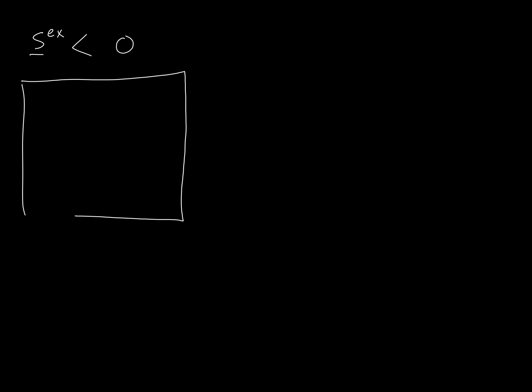So if I had to visualize negative excess entropy of mixing, that would essentially mean that the entropy of an actual mixture is going to be less than the entropy of an ideal mixture.